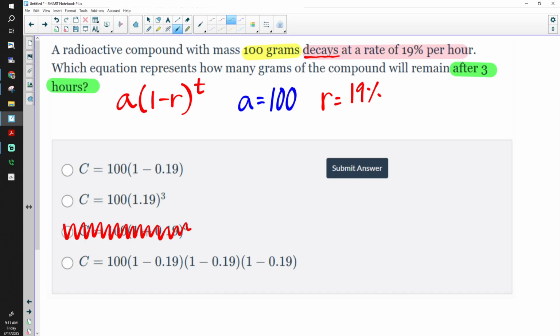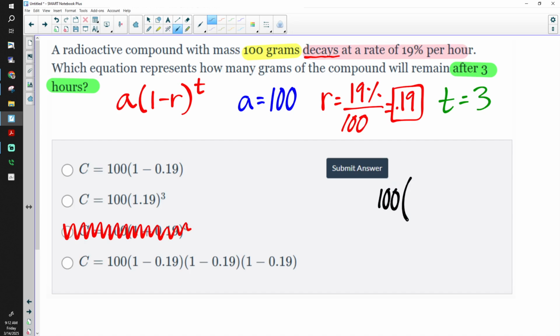And our T, our time period, is 3 hours. 19 is not usable because it's a percentage, so we divide by 100 and get 0.19. This is our usable rate. If our formula is A times 1 minus R, plugging everything in, I get 100 times 1 minus the rate, 0.19 to the power of 3.